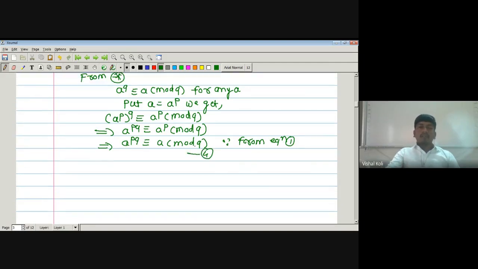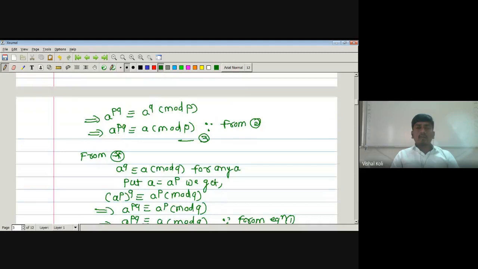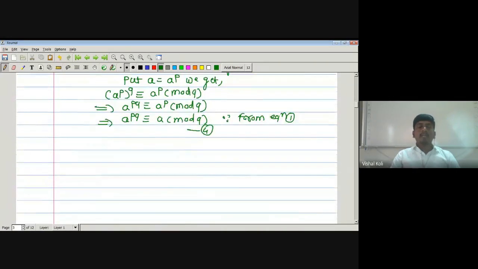Equation 3 states that a to the power pq is congruent to a modulo p. Now we have to use the definition of congruence. That is, any two integers a and b are congruent modulo n if their difference is divisible by n. As a to the power pq is congruent to a modulo p, it implies p divides a to the power pq minus a, and from equation 4, q divides a to the power pq minus a.